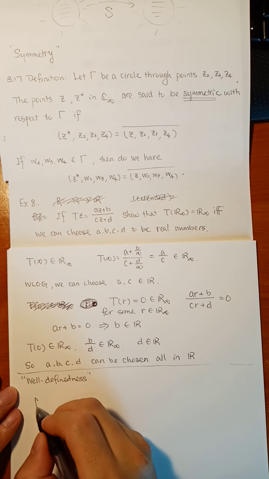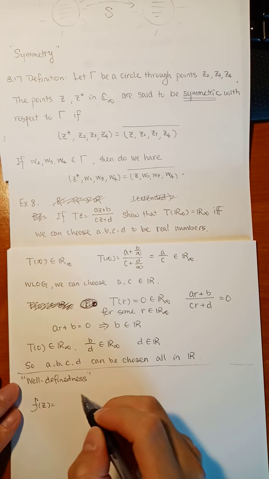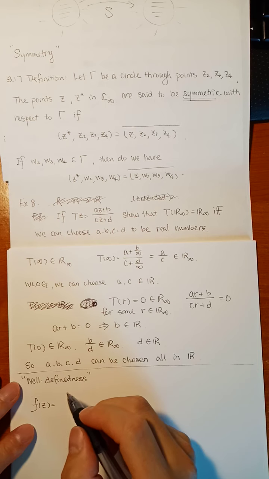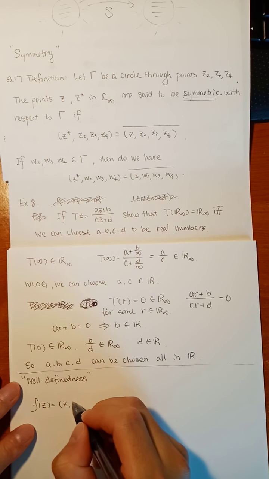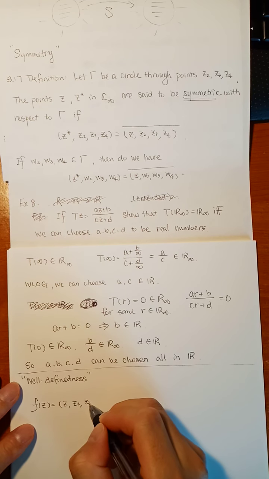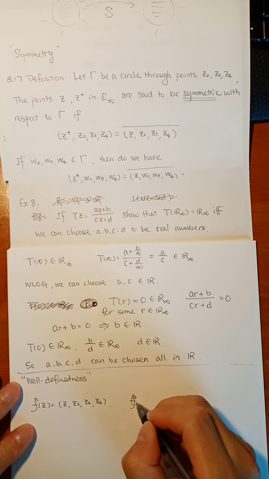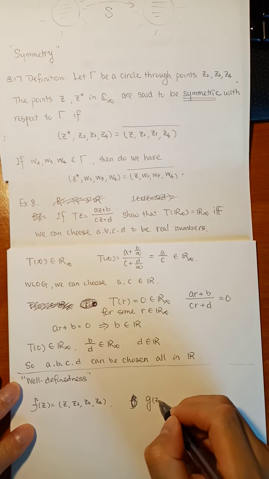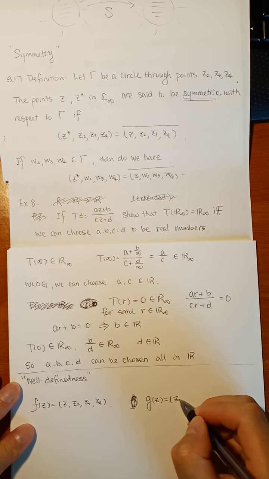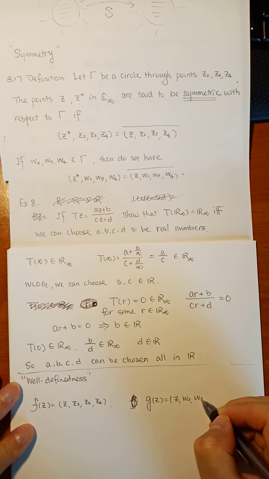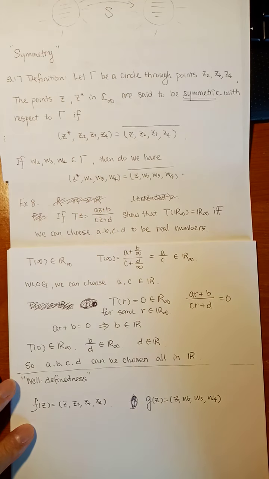We define f of z to be (z, z2, z3, z4), and g of z to be (z, w2, w3, w4).